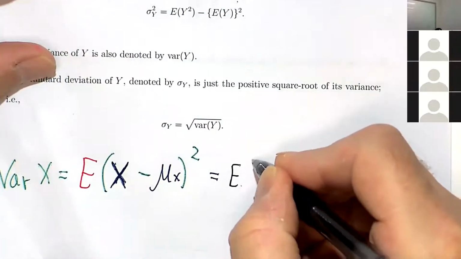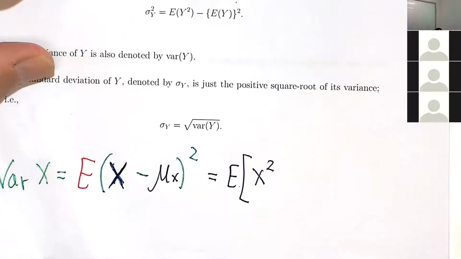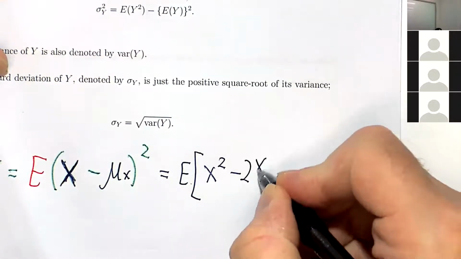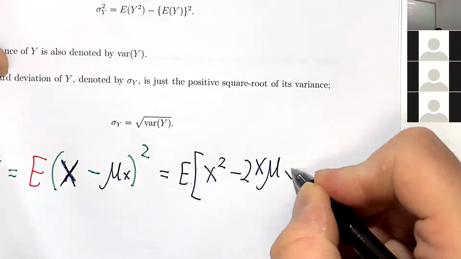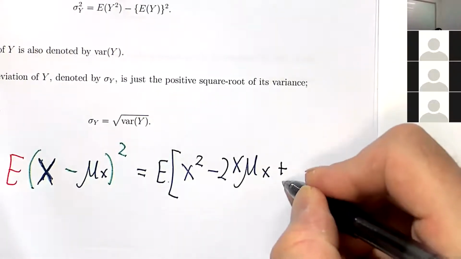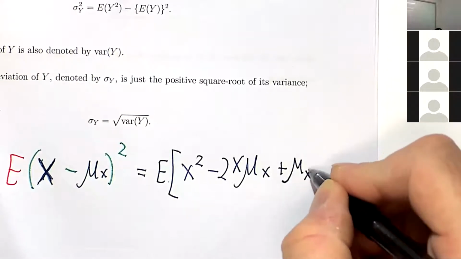This is expected value of x squared minus 2 big X times mu of x plus mu x squared.